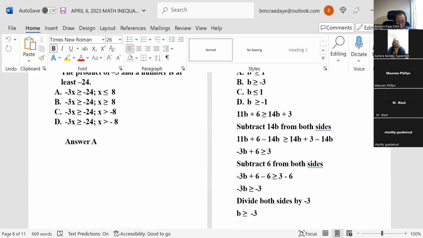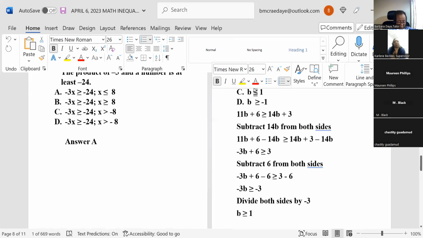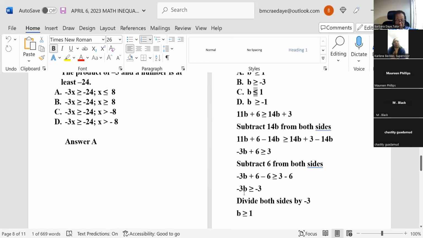But when you divide by a negative, you reverse the sign. So this is less than or equal to. Did you remember to reverse the sign, Mercedes? Yes, I did. Okay. All right. So you reverse the sign. So that's answer what?